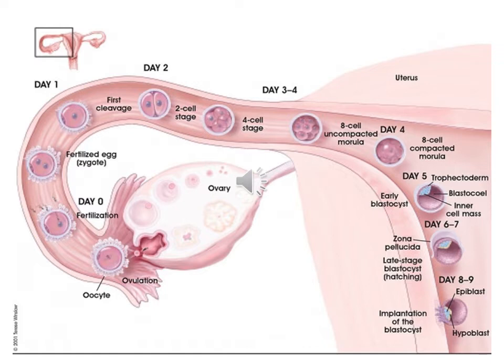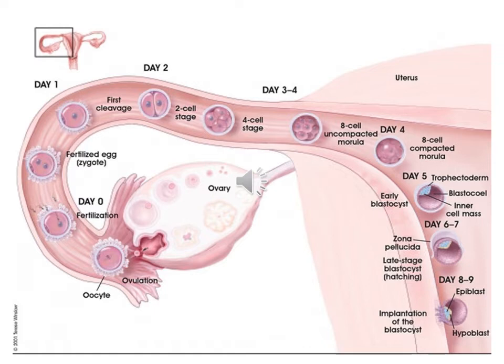It ruptures and the blastocyst hatches out. That process is known as hatching. Near about the 10th day implantation completes, meaning the entire blastocyst gets implanted, buried in the endometrium lining.